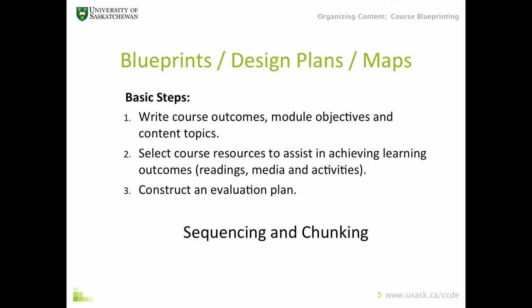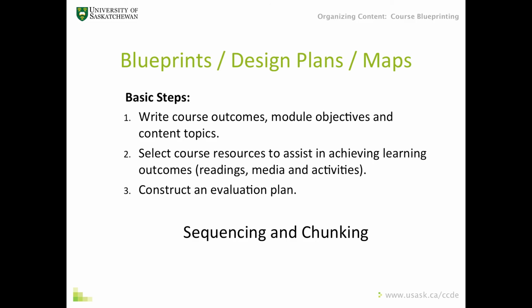Number two, we're going to select our course resources. So we're going to find some material for them to read, to watch, to do, all these different types of things that are going to help them to achieve those outcomes and get to those goals that we set out earlier. And then we're going to construct an evaluation plan, and that evaluation plan is going to go back to the objectives and the outcomes and say, okay, let's really test whether or not our students can achieve those things that we set out for them to achieve based on the resources that we gave them, based on the teaching that we provided.